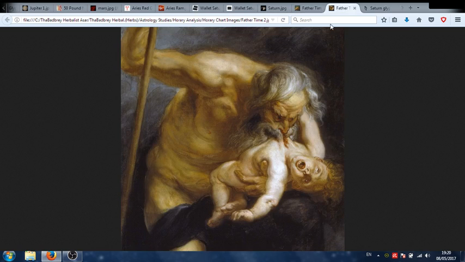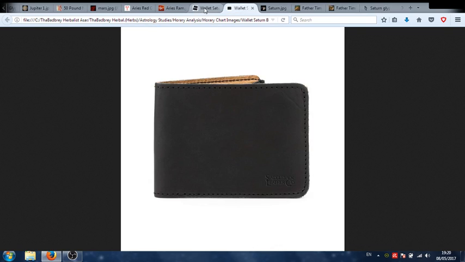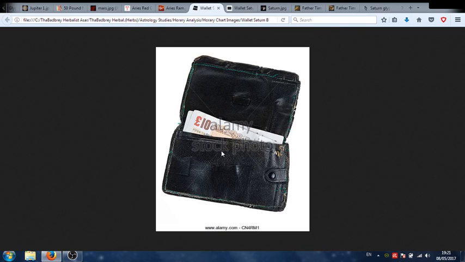So, he eats his children, all right? And in this case, Saturn is the wallet, the color black, and his children are the money. And this is why we put all of our money into a black wallet, because the black wallet, the black purse, corresponds with Cronus, who eats his children. And all of these notes correspond to the planets.